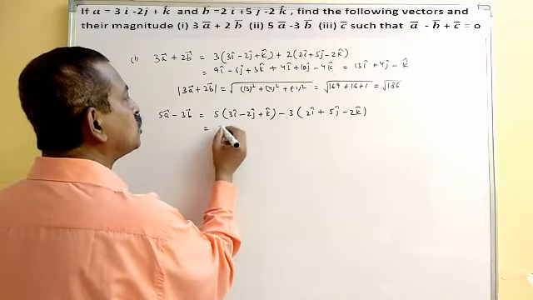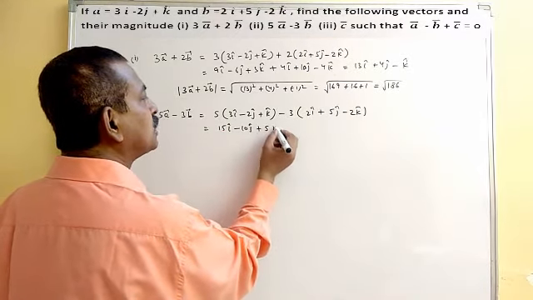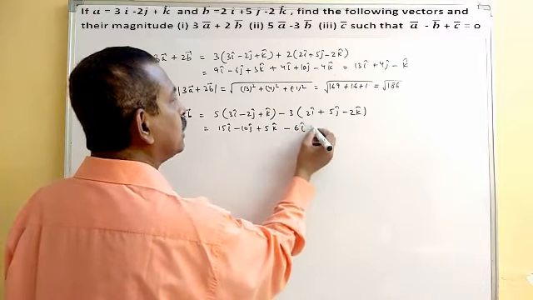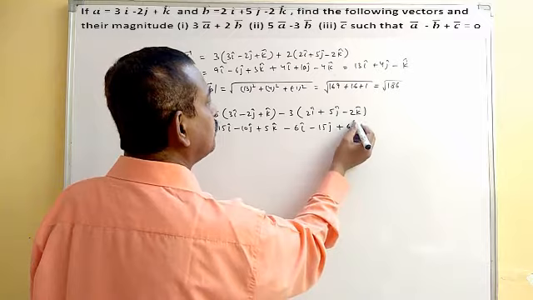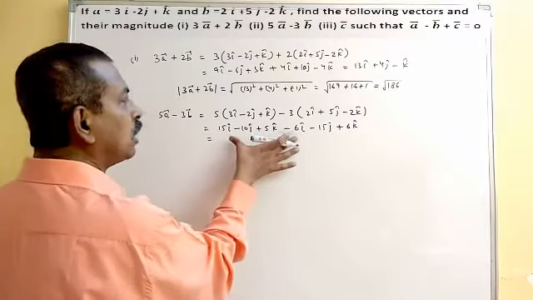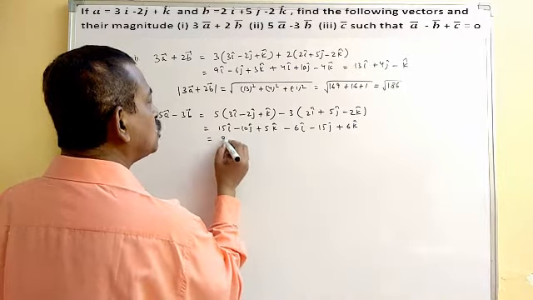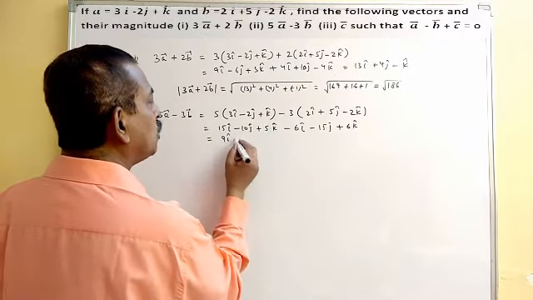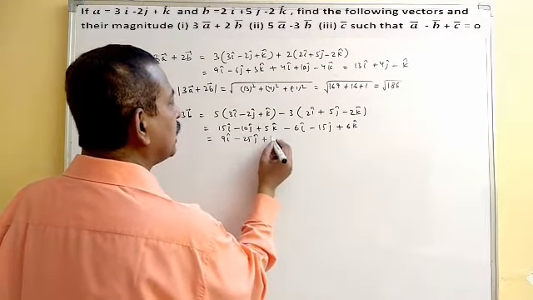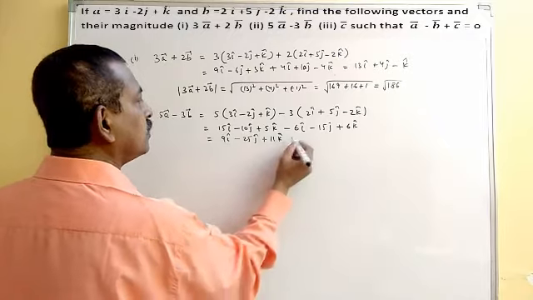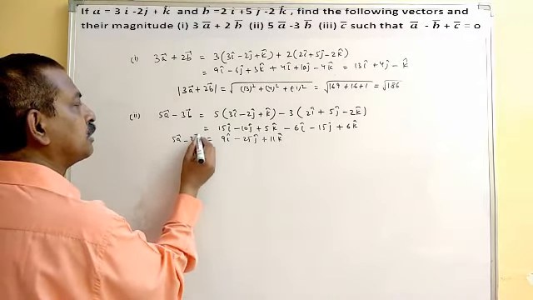So this will be equals to 15i minus 10j plus 5k minus 6i minus 15j plus 6k. So this is now 15i minus 6i, so it is your 9i. This is your minus 25j. And then it is your plus 11k. So this is the vector 5A vector minus 3B vector.